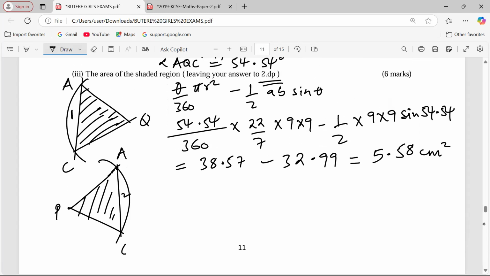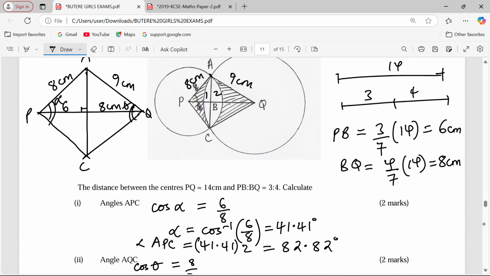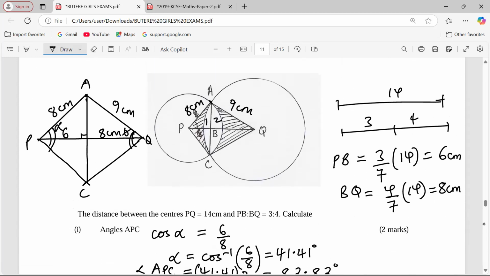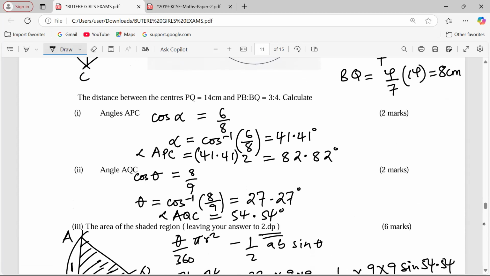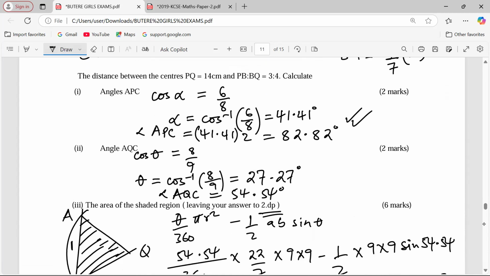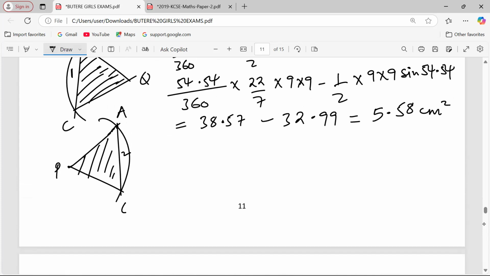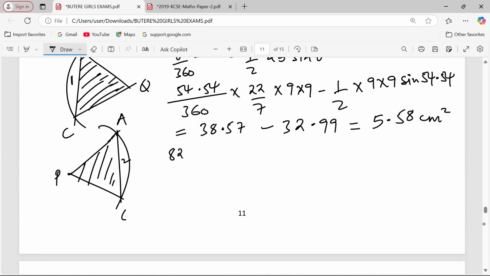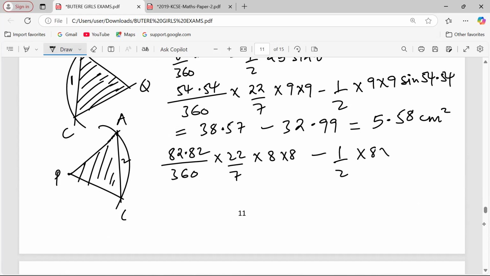So area of the sector is beta over 360. We can see the radius there is 8, and the angle we got is 82.82. So 82.82 over 360 pi r squared, then minus half 2 sides sine of the angle between them.